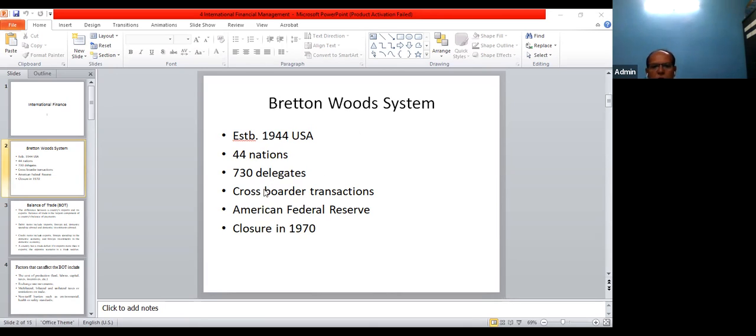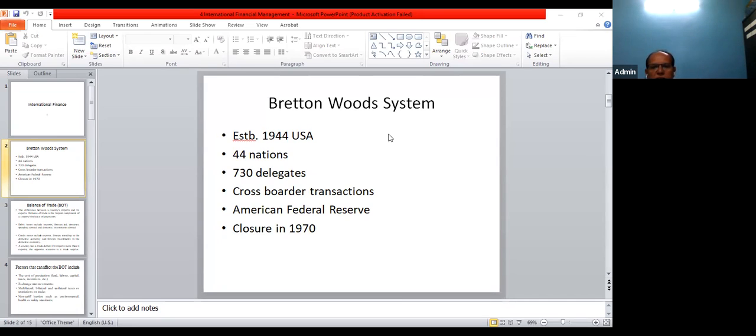And then slowly other countries came to know that this Bretton Woods system may not be supportive or favorable. Other countries, like developing countries and underdeveloped countries, were very far away from this conference. At least developing countries were close to this conference.